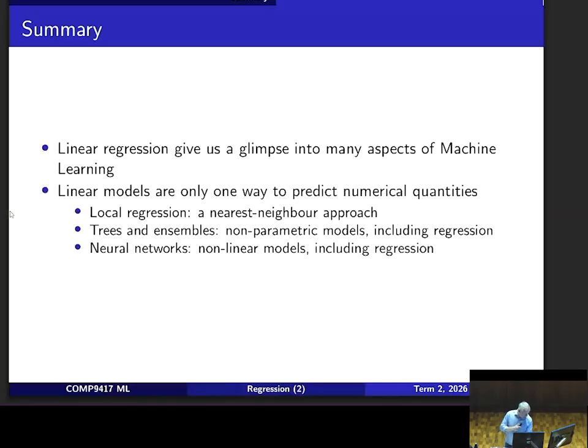And these ideas about linear models will definitely come back. And there are many other methods. Some of them are shown here. Local models, you can do regression. Tree structured and ensemble type models you can think of in terms of linear models, and certainly neural networks you can as well.